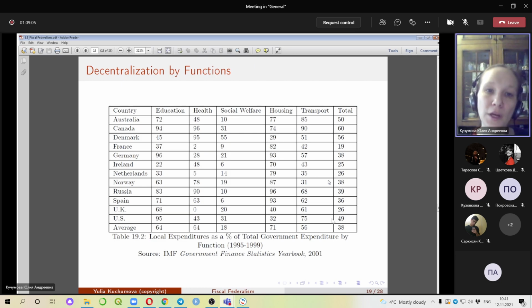But compared to how important it is to take into account heterogeneity when we talk about education, it seems like there is much more heterogeneity that plays a role when we design expenditures on education rather than when we design expenditures on social welfare, right? And therefore, spending on education is to a high extent devolved to local governments compared to social welfare.